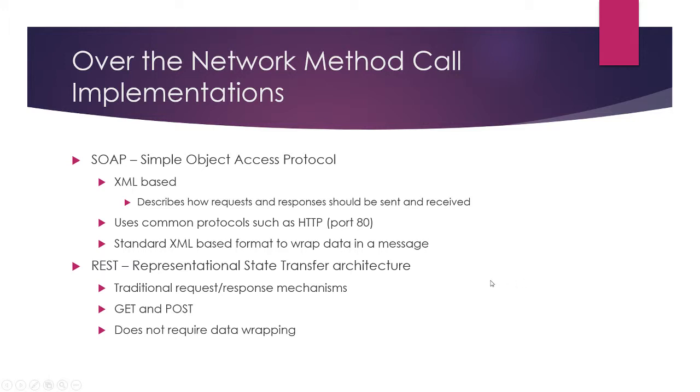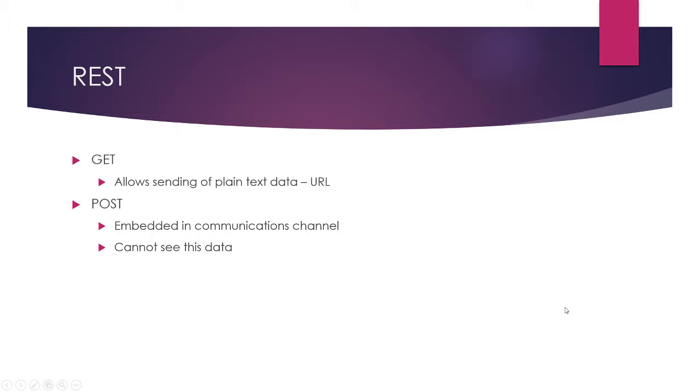Now, the other alternative, at least that we're going to talk about, is REST, Representational State Transfer architecture. This architecture gives us a request-response mechanism, which means I can post a request to the server and then get a response when it's sent to me. In this case, we're using straight messages that don't have to be wrapped into these other protocols as SOAP does, so it's a more straightforward protocol.